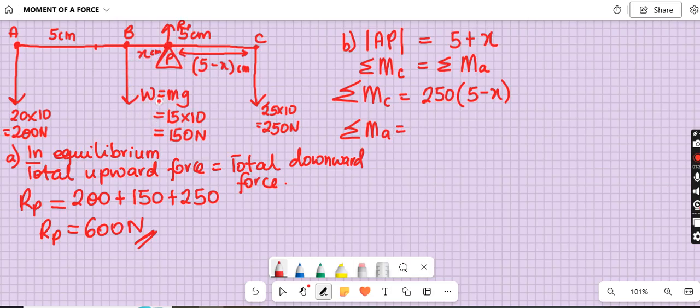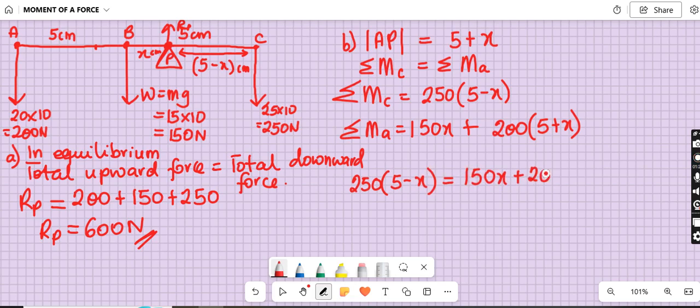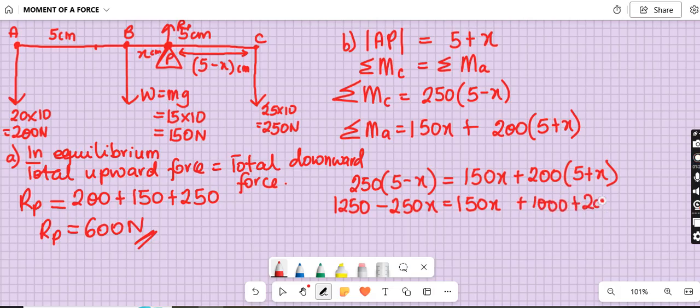We have first this weight, 150 times X, that's the perpendicular distance, plus another one, 200 times 5 plus X. So we're going to equate them and then find X. So 250 into brackets 5 minus X is equal to 150X plus 200 into brackets 5 plus X. Let's expand. 250 times 5 is 1,250 minus 250X is equal to 150X plus 200 times 5 is 1,000 plus 200X.